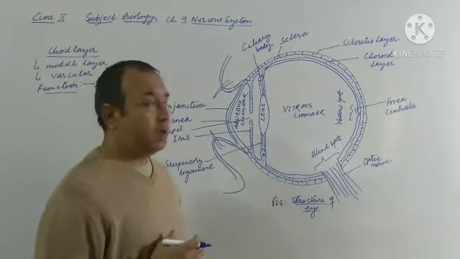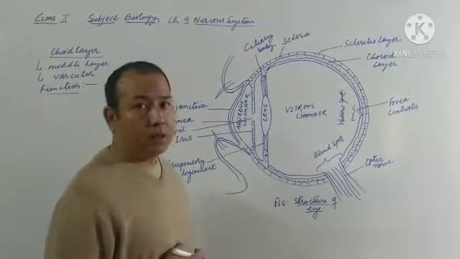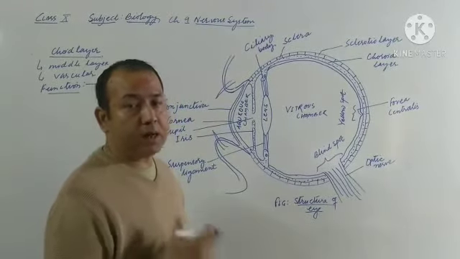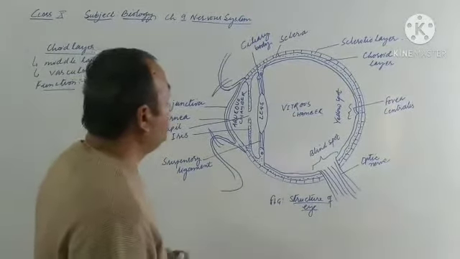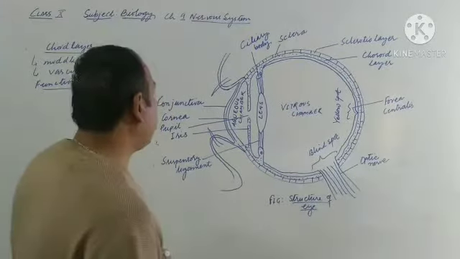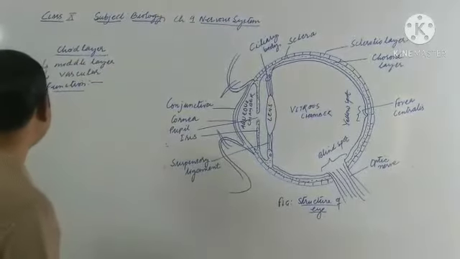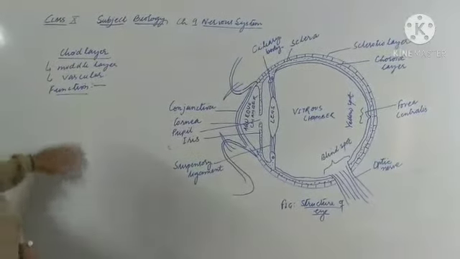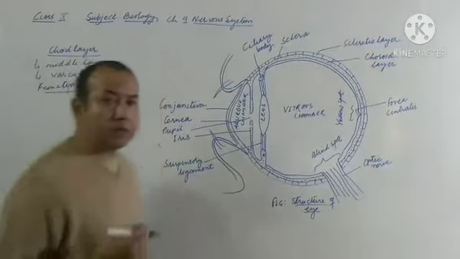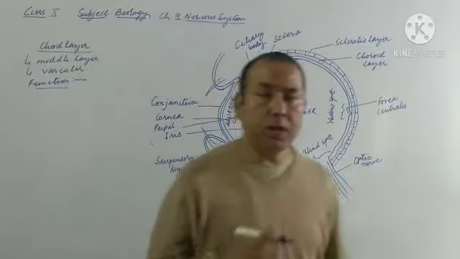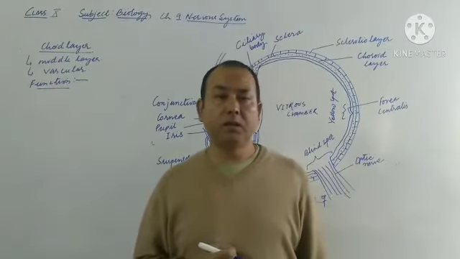What it does, it prevents the internal reflection of the light, which may blur the image that is usually formed inside the eye on the retina. And as we learned, this choroid layer is a vascular layer, supplied with blood vessels.